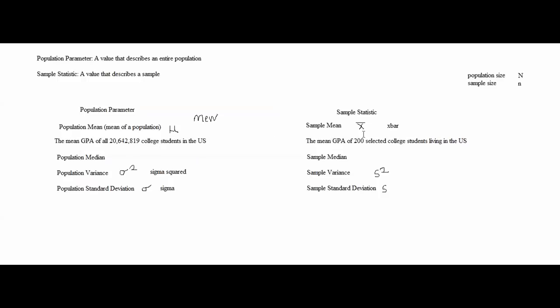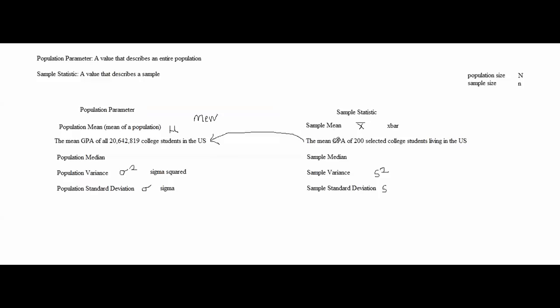What we actually do is we collect data from samples and we calculate sample statistics. And then the sample statistic helps us get a rough idea of what the population parameter equals. For example, a person who's calculating this sample statistic right here is doing that to estimate what this population parameter over here equals.